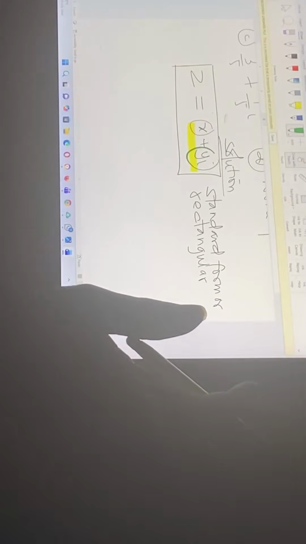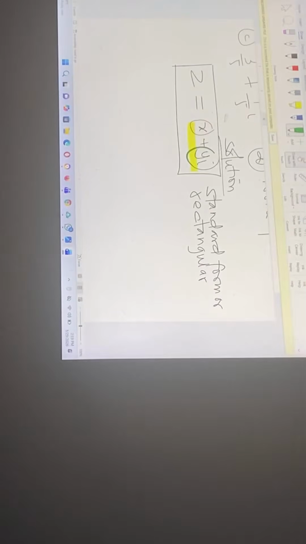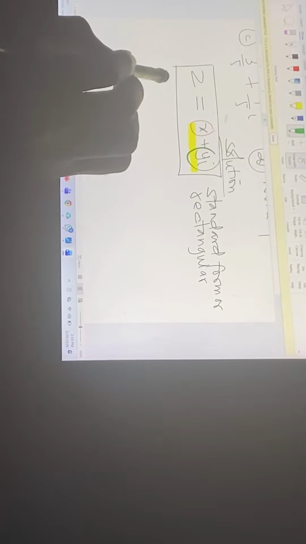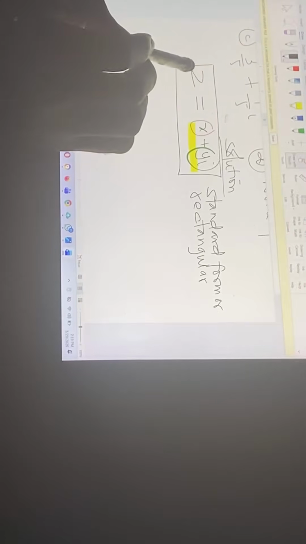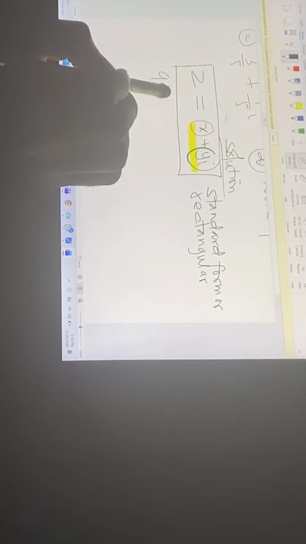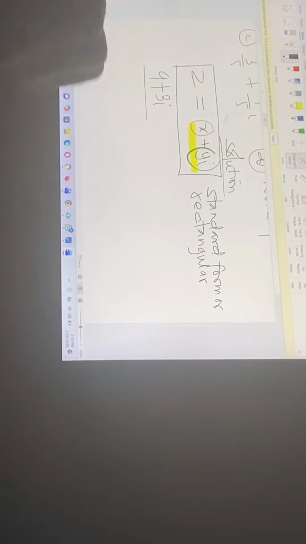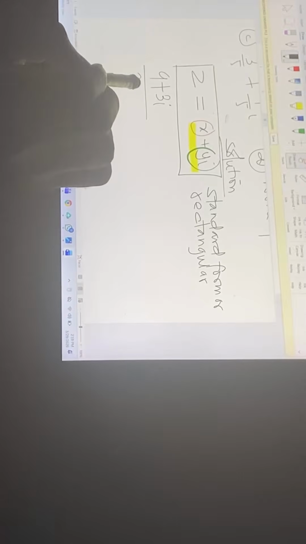So whenever you are given any question on complex numbers, for that expression to be the answer, it must have one real part and one imaginary part. Please take note. So if you look into this question given to us here, we are given 9 plus 3i over, though we are going to solve both, 3 minus 4i.